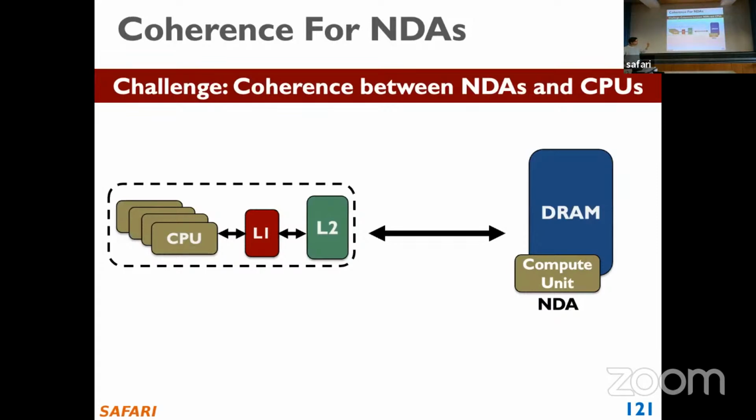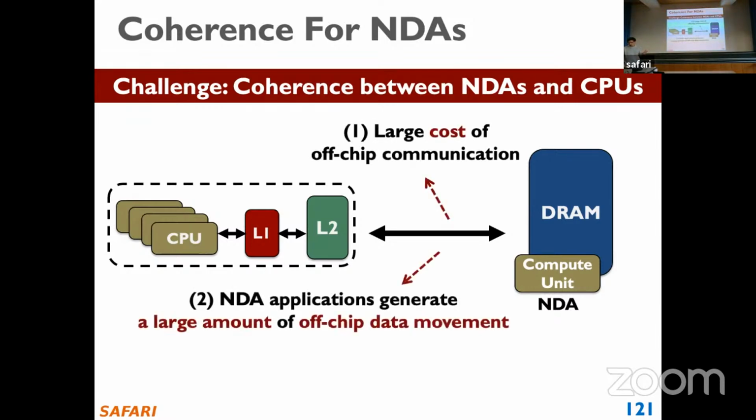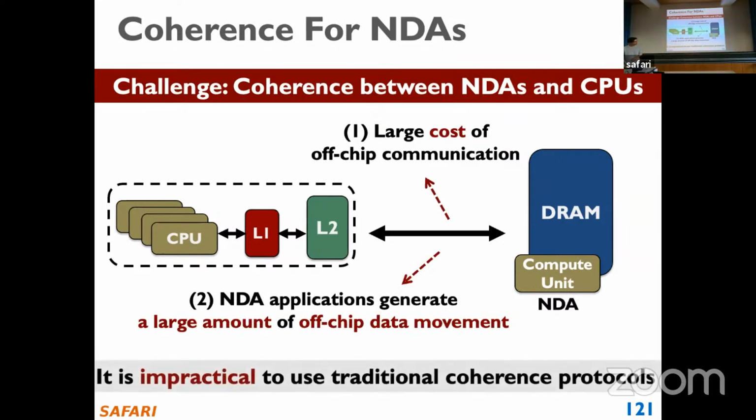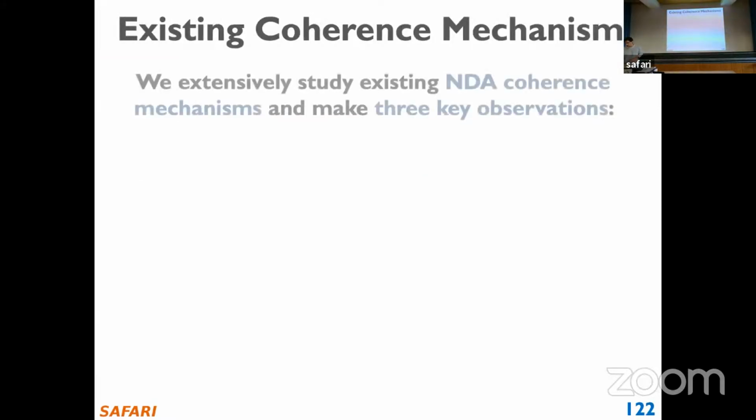We have the host processor here. We have the DRAM side, the memory side, with some compute units because there is a large communication cost. We use processing in memory, or we use near data accelerators. And as we have seen in the previous motivation, it's impractical to use traditional coherence protocols, such as the MESI protocol.